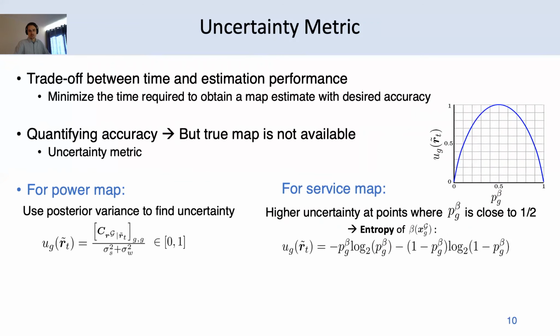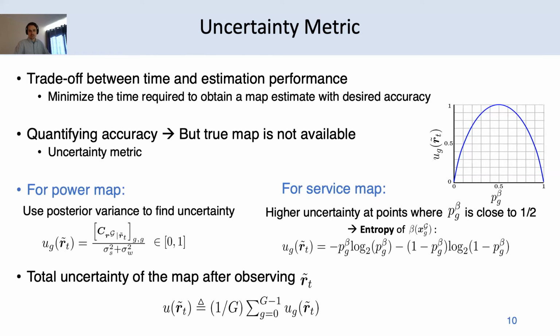For a service map, observe that the most uncertain points are those where the posterior probability of receiving service is close to 1/2. Thus, an appealing metric to quantify uncertainty would be the entropy of this service indicator.